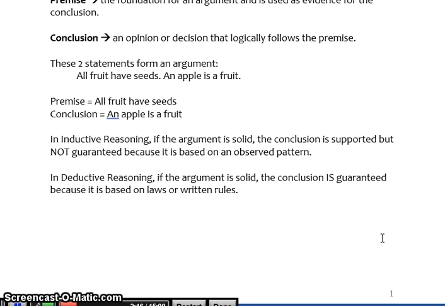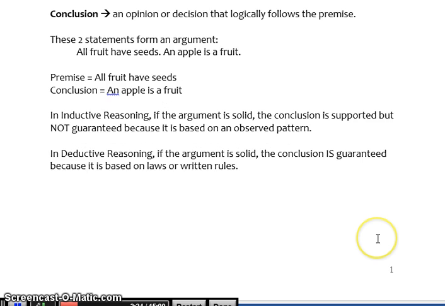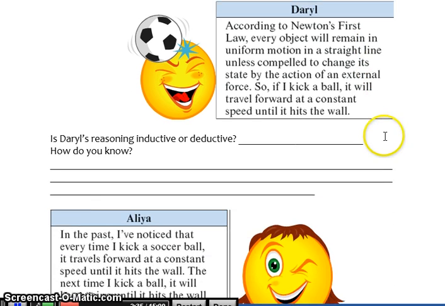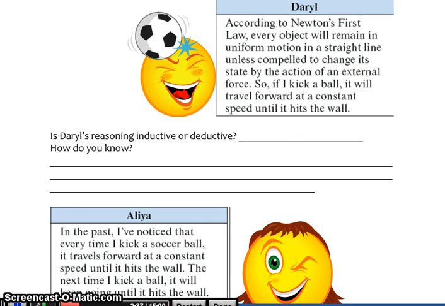In deductive reasoning, if the argument is solid, the conclusion is guaranteed because it's based on a law or a written rule that is always true. So basically, inductive reasoning could have a counterexample, but in deductive reasoning, you're not ever going to have a counterexample. Alright, let's look at some examples of this.